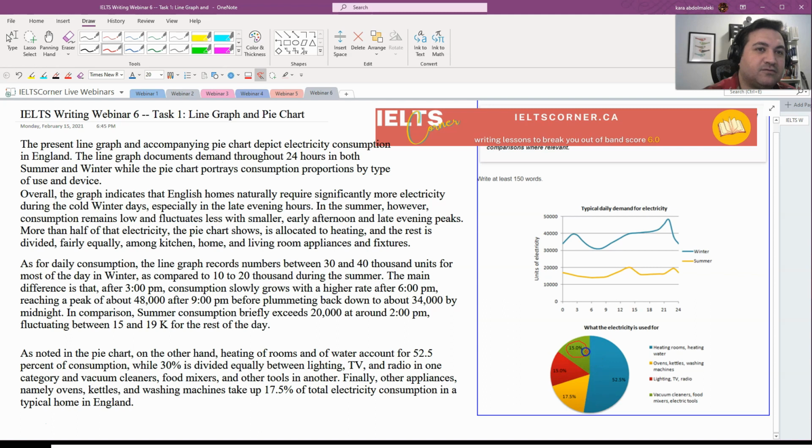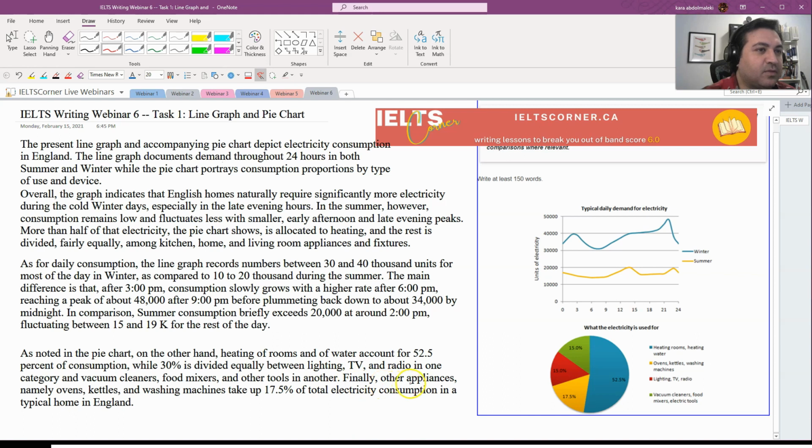And again, that's 15. So both of these are 15. So I said the 30% is divided equally. So I thought that would be a creative way of showing, instead of saying 15 and 15, I could just say divided equally. And then for this one, I have to report it separately.